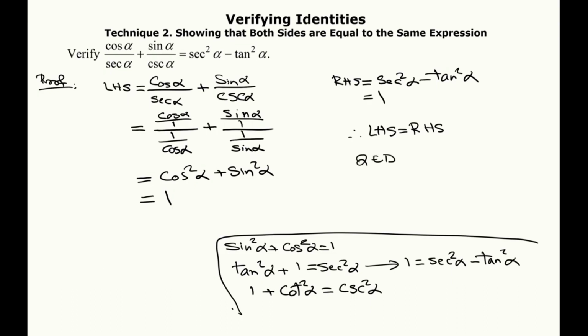QED. We just proved the identity. So in this technique, you work on both sides of the identity and show that they both end up being equal to the same expression. And that's another way of verifying trigonometric identities.